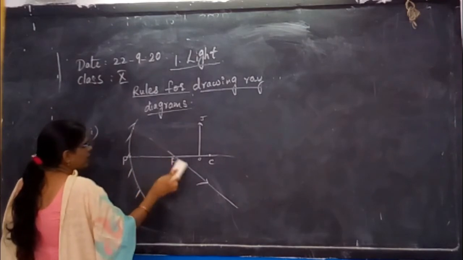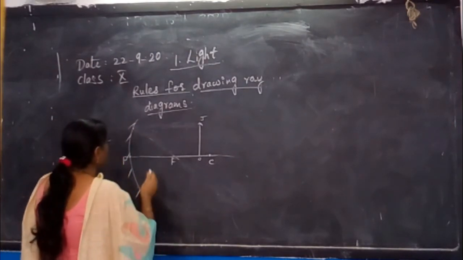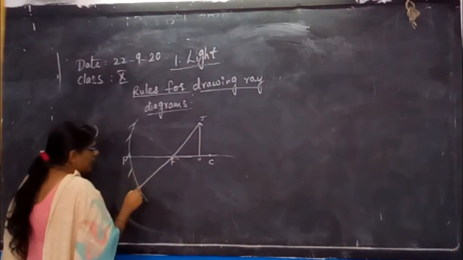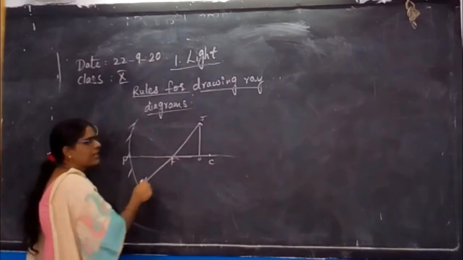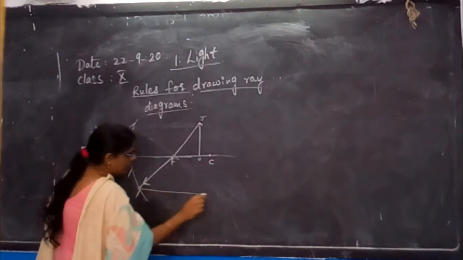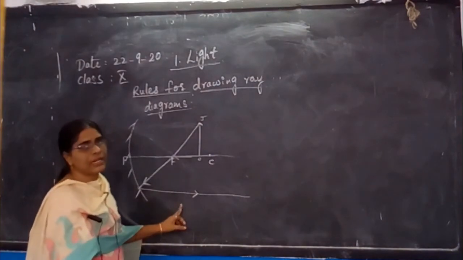Now look at the second rule. I am incidenting my light ray passing through the focus. Is my light ray passing through the focus? After striking the mirror, the reflected ray should be parallel.